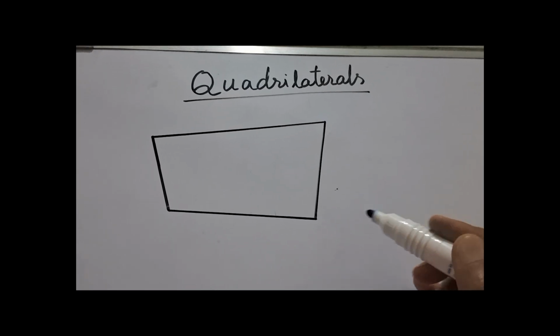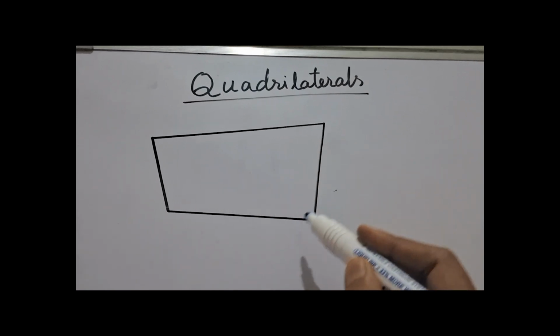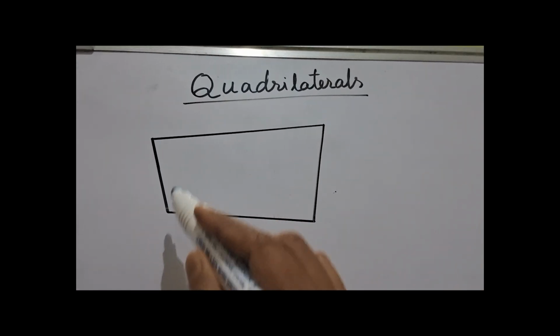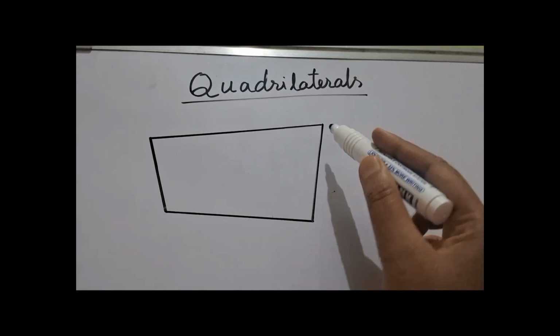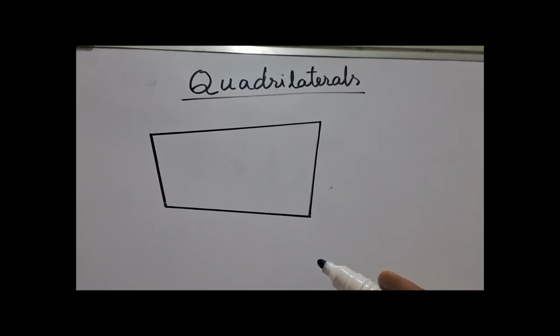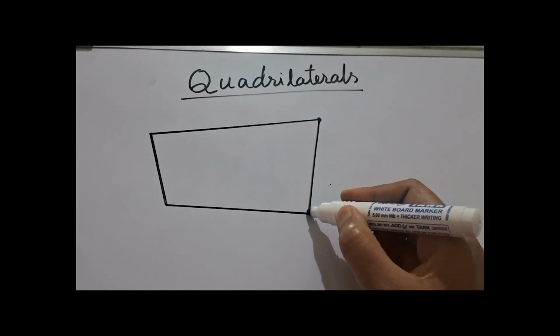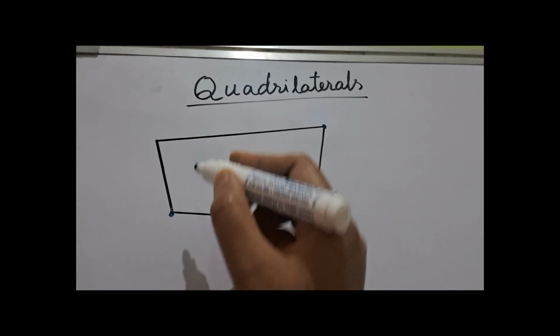Okay children. So in this figure, we are able to see that this is a polygon and it is having four sides. 1, 2, 3, 4. Four sides. And also it is having four vertices. Isn't it? 1, 2, 3, 4.